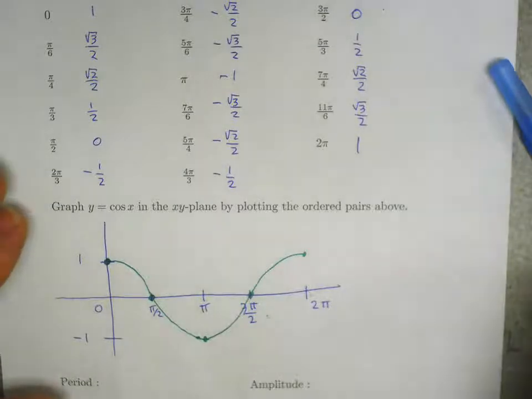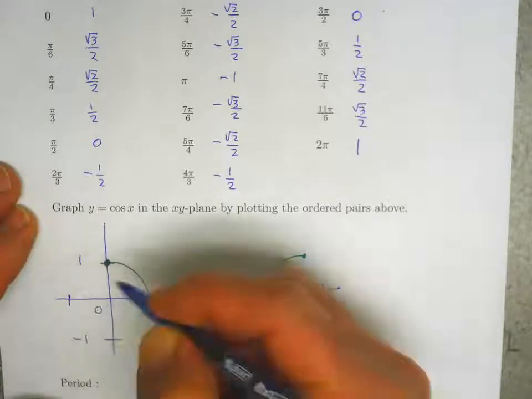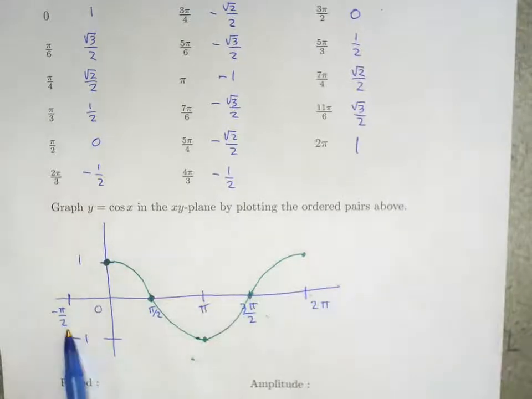So we can point out something here. At negative pi over 2, cosine is 0 again.